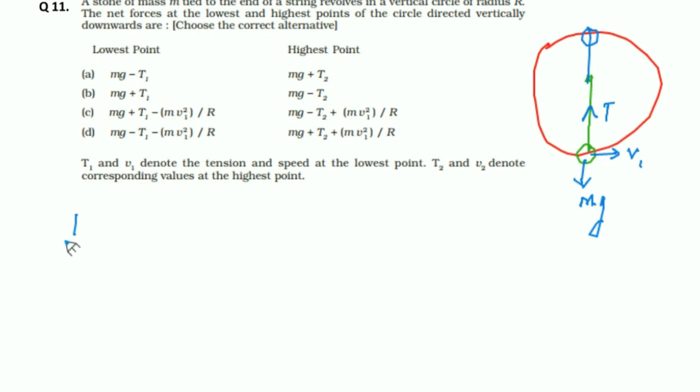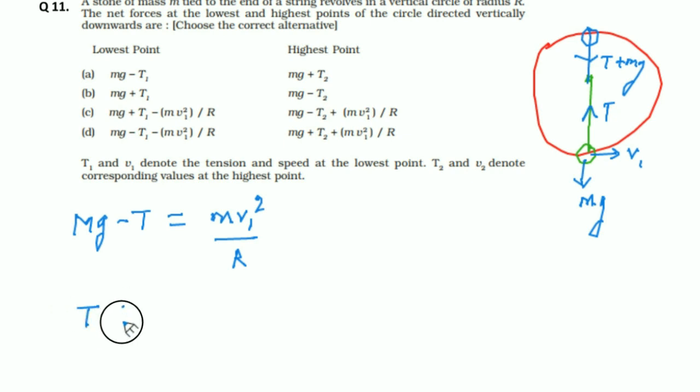At the lowest point, you can write mg minus T1 equal to m v1 square by r, where the radius is r. At the highest point, T will act downward, and mg will also act in the same direction. So at the highest point, T plus mg is equal to m v2 square by r, where v2 is the velocity.